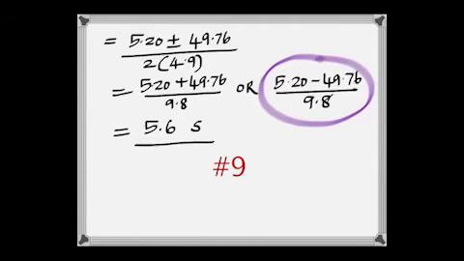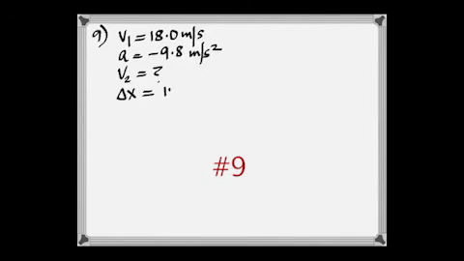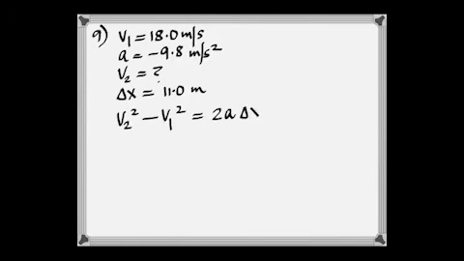seconds. Number 9. The initial velocity is 18 meters per second. The acceleration is negative 9.8 because it's going up. You have to find the final velocity, and delta x is 11 meters, so v2 squared minus v1 squared is 2a delta x. That's the best equation to use, isn't it?